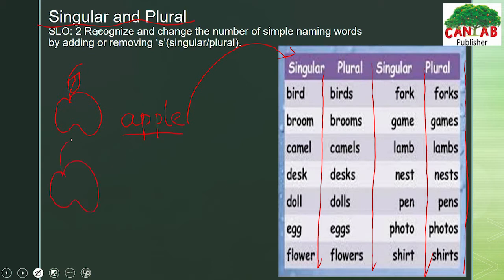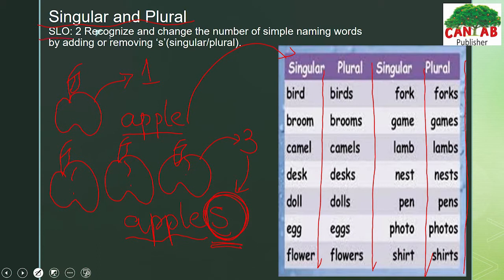But when we have more than one apple, for example, if we have 3 apples, we add the letter S at the end to show that there are more than one apple. One apple, 3 apples. So 3 apples is going to be written as apples. We will add the S.